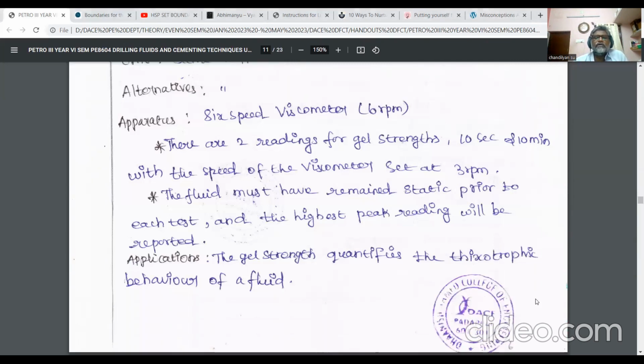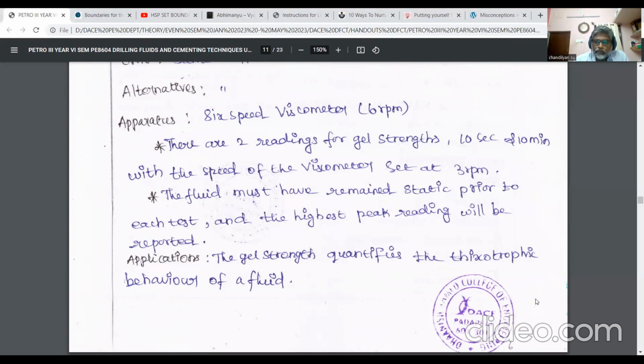The gel strength quantifies the thixotropic behavior of the fluids. What did I tell you in 2 marks about thixotropic? It is a property of becoming less viscous when a fluid is exposed to shear or applied stress. Let's take an ointment, honey, or a cream, put a spoon into it and stir it.